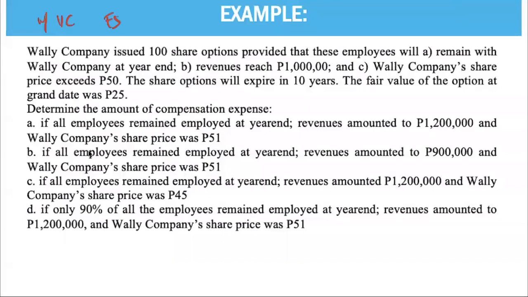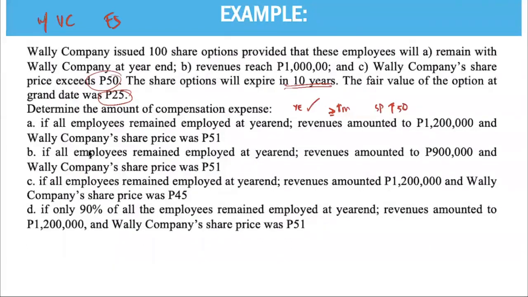So Wally Company issued 100 share options provided that these employees will remain at year end, revenues 1 million, and the share price will exceed 50. The share options will expire in 10 years and the fair value is 25. If all of the employees remained at year end, so we have three conditions: remain at year end, revenue is at least 1 million, greater than or equal to 1 million, and then the share price should be more than 50.